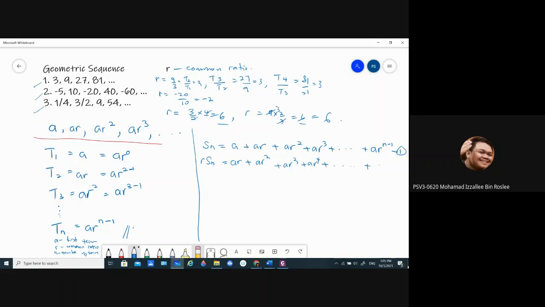AR to the power of n minus 2, times R. This is AR to the power of n times R to the power of negative 1, times another R to the power of 1.